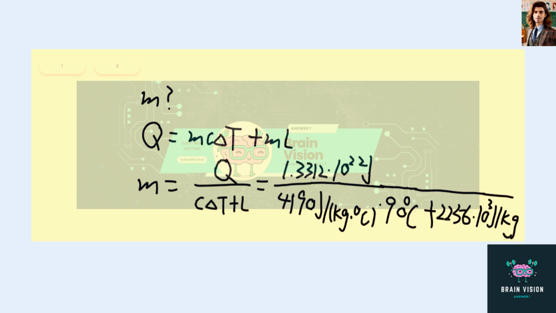After all these calculations, this gives us the mass is equal to 5.06 times 10 to the power of 15 kilograms. So this is how much water we boiled off if the asteroid hit on the Pacific Ocean.